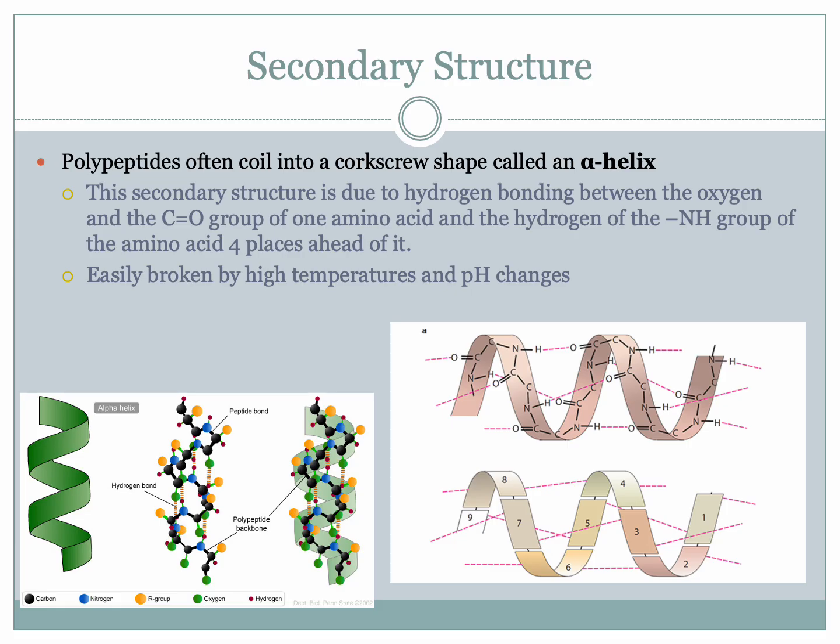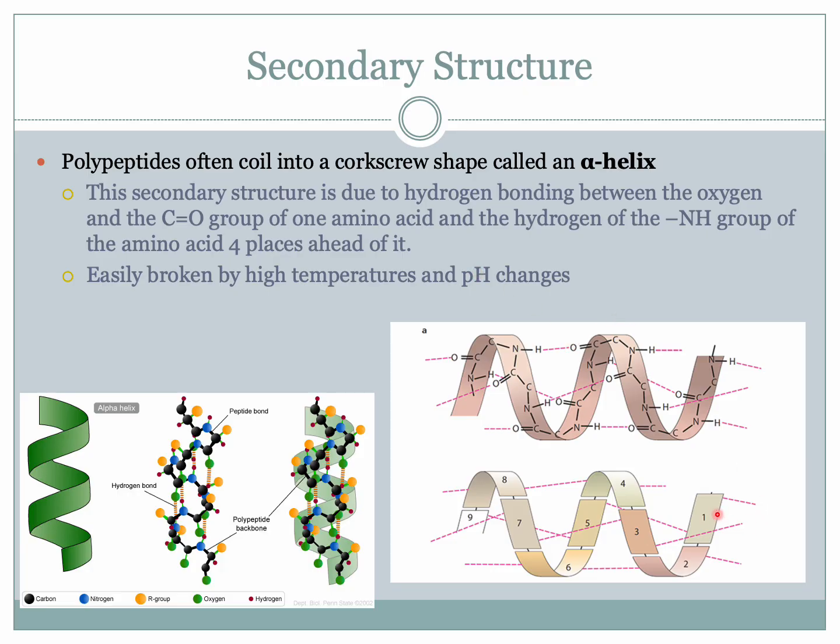Polypeptides often coil into a corkscrew shape called an alpha helix. This secondary structure is due to the hydrogen bonding between the oxygen in the double bond carbon-oxygen group of one of the amino acids and the hydrogen of the NH group on the amino acid 4 places ahead of it.